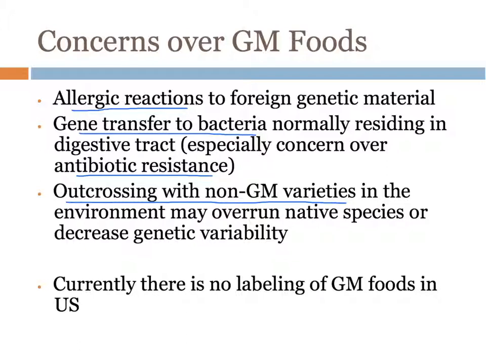And that will either cause the native species to be completely overrun because they are not able to combat the altered genetic makeup of the GM varieties, or just cause an overall decrease in genetic variability, which then makes us more susceptible to losing our food supply when some new disease comes along. So these are concerns that people have about genetically modified food.